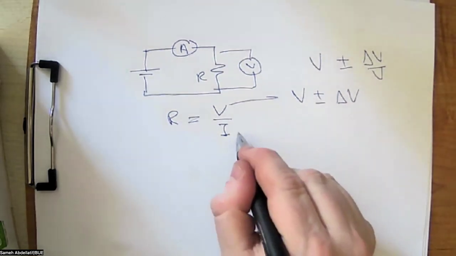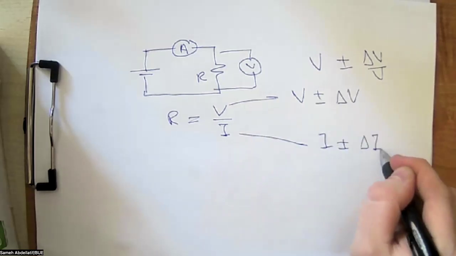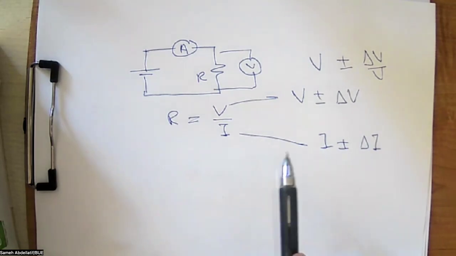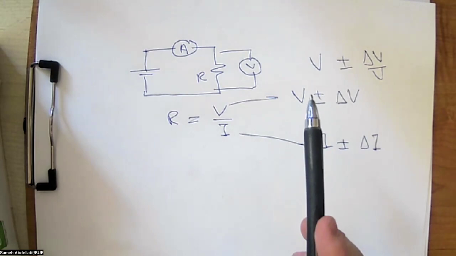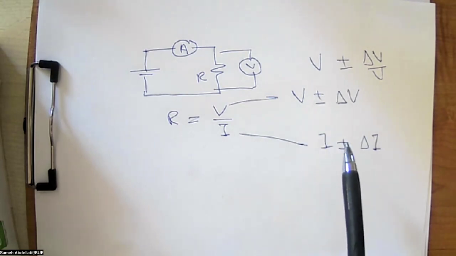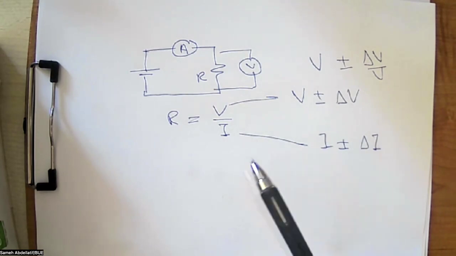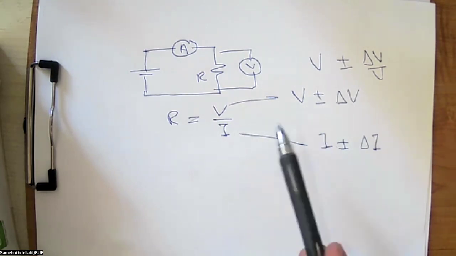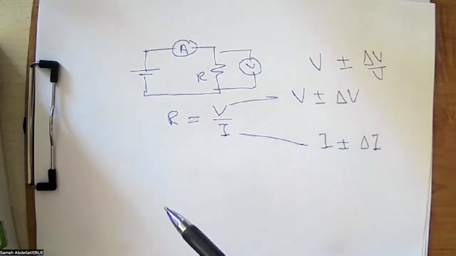Similarly, I is I plus or minus delta I. So you have an associated error for the voltage and an associated error for the current. What we are searching for now is the associated error for the resistance.